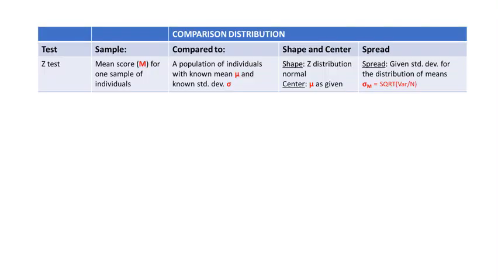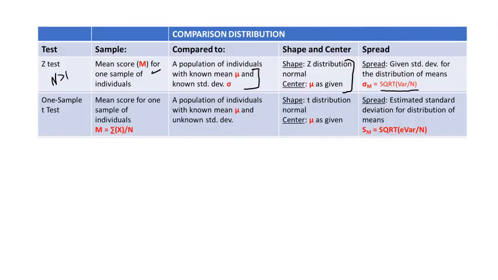So here's an example of how the comparison distribution was worked for all of our different tests. So when we had a z-test with n greater than 1, we were just comparing the mean with this population where this information was given. We were just using the z-distribution, mu was given, and we calculated sigma M by just taking the square root of the variance divided by n. In our one sample t-test, we were still using the mean.